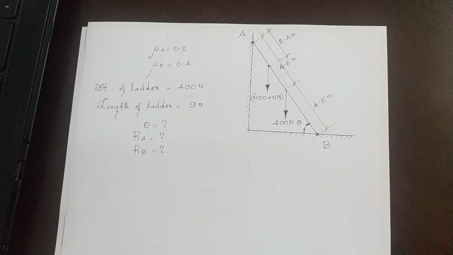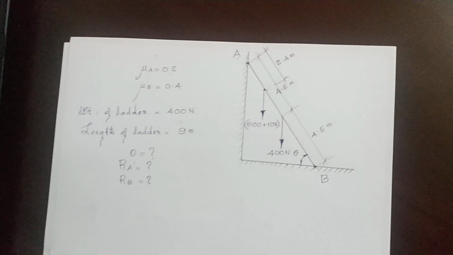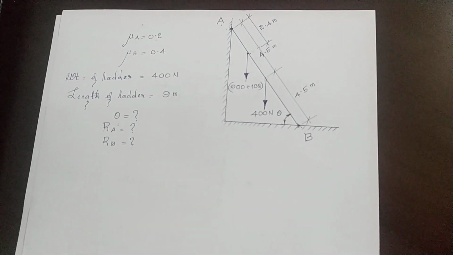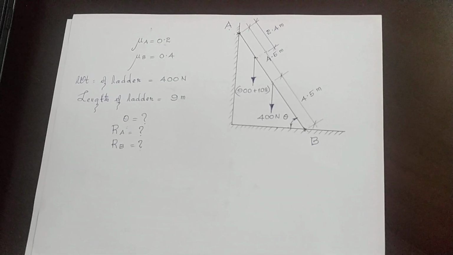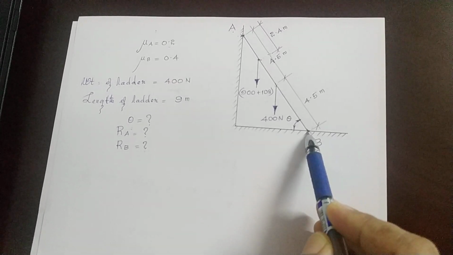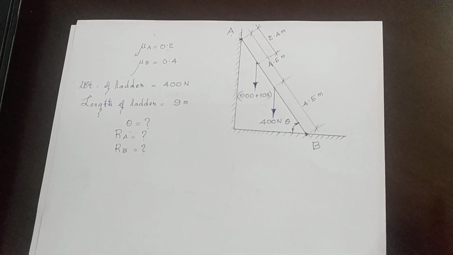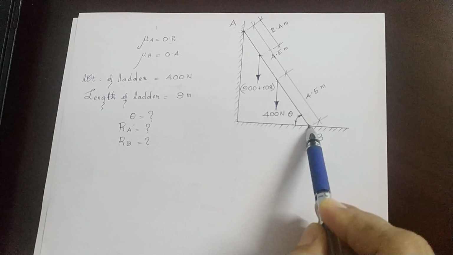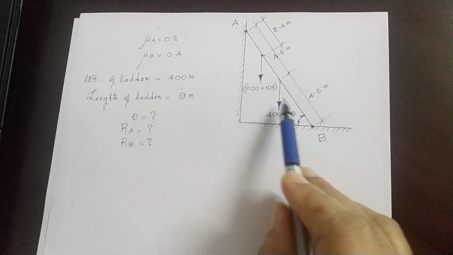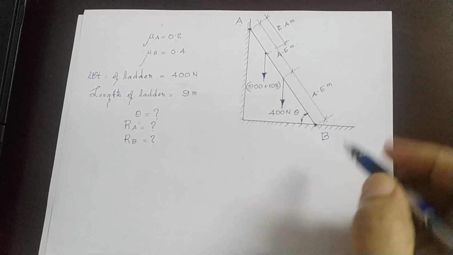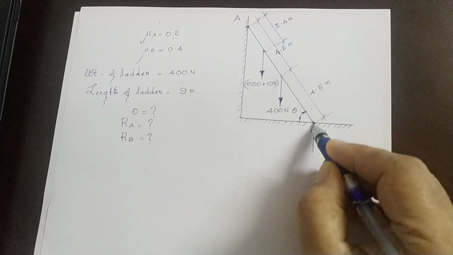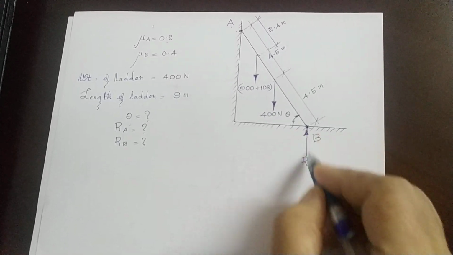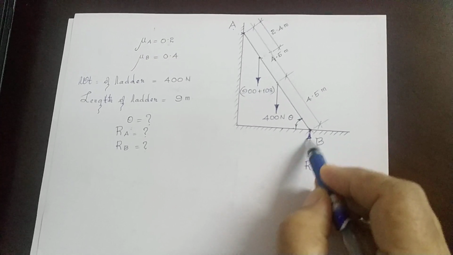Now let's draw the free body diagram first. Consider the point B. So what are the forces acting at the point B? We have at the point of contact, the normal reaction which is acting upwards, because the ladder is resting here and the weight of the ladder, a component of the weight of the ladder is acting downwards, which means that we have vertical reaction RB acting upwards, perpendicular to the plane of support. Perpendicular to horizontal means vertical.